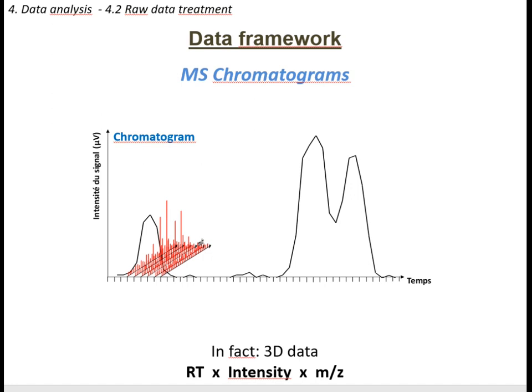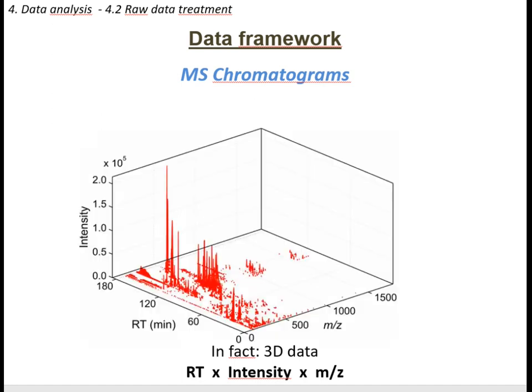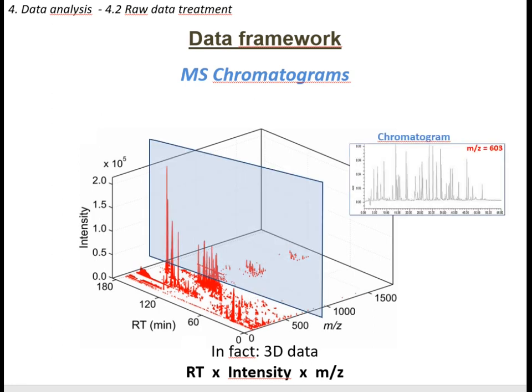So in fact, what you really have is 3-dimensional data: retention time, intensity, and mass to charge ratio. So this is what it looks like: retention time, masses, intensity. And analyzing a data set is playing basically with these 3 dimensions to know if you can or not compare signals from different samples.